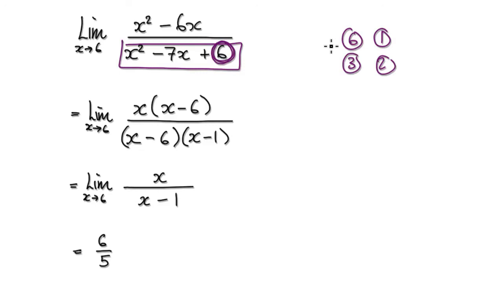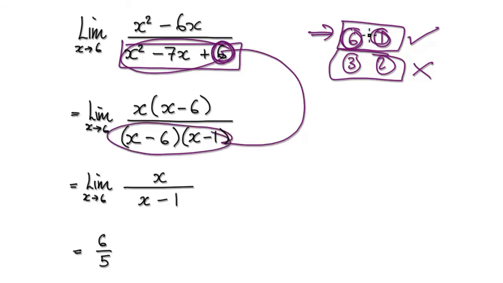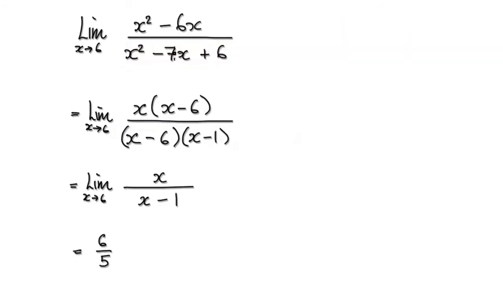But then you also have to create the number 7 here, the negative 7. Well, you can create a negative 7 with a 6 and a 1. But there's no way you can create a 7 with a 3 and a 2. So you should be using a 6 and a 1. Well, factorize this. It will then give you this thing here. If you make this negative 6 and negative 1, then you can create the negative 7 here. Well, factorize this, it will then give you this thing here.